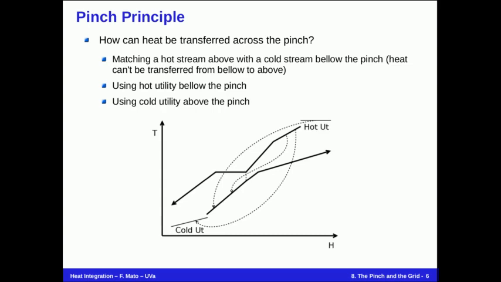And as particular cases, not using hot utility below the pinch, nor cold utility above the pinch. Why? Because hot utility is a hot stream above the pinch, and cold utility is a cold stream below the pinch.